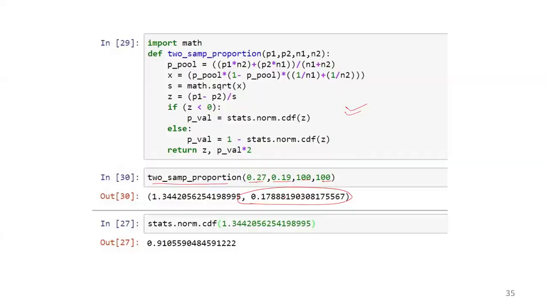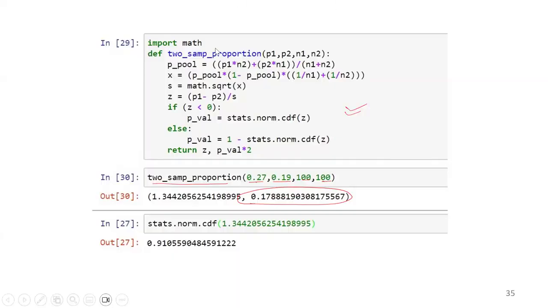There are only two tests, guys: one test for mean and one test for proportion for more than two samples. For more than two sample means, we do the ANOVA test. You might have heard about ANOVA; it is the analysis of variance test. And for more than two sample proportions, we go with the chi-square test. Those are the two tests which we'll discuss, and with that, we are done with hypothesis testing.